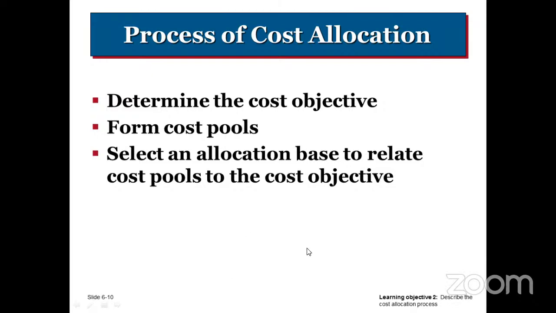But whatever basis you choose, it must have some relevance. Relevant means you cannot choose, for example, number of employees as an allocation basis whereby the machine production never uses labor. You get my point? It's no longer relevant. It's very simple.